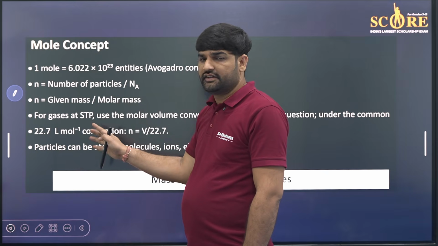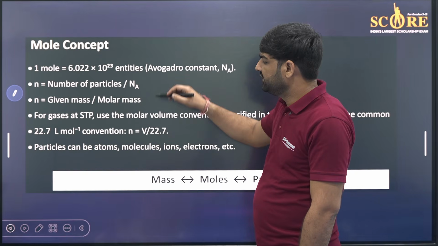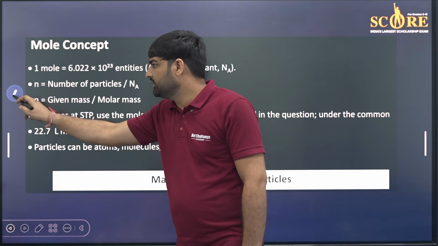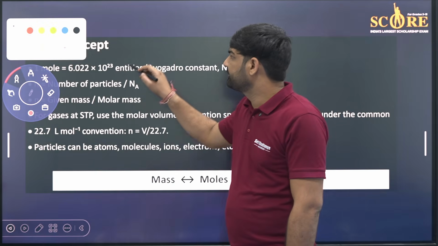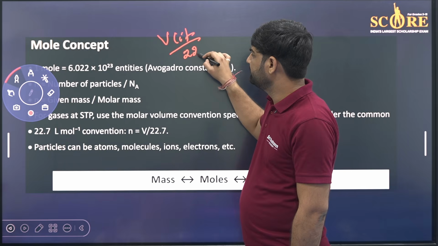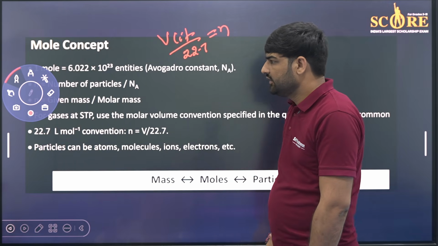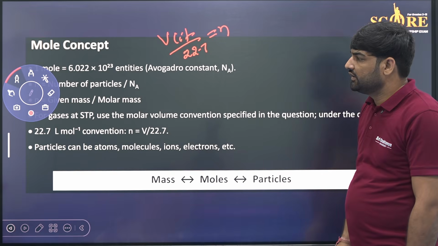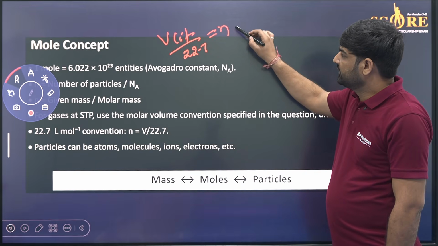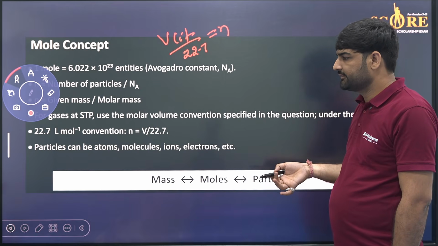If the condition is STP, then volume in liter is given. Then you have to divide by 22.7, then you will find the number of moles. So for mole calculation, we have 3 very basic formulas.